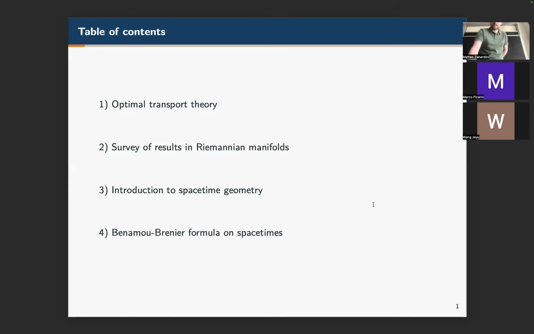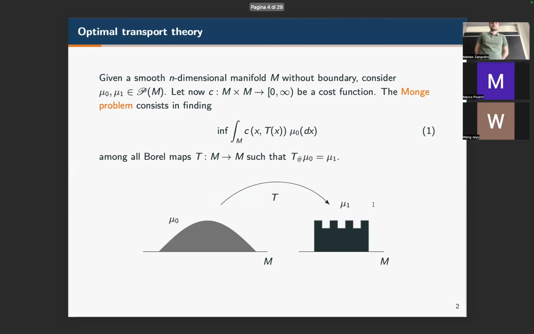Okay, let's start from optimal transport. Optimal transport is a part of mathematical analysis that aims to study how to transport a given distribution of mass into another distribution of mass, as you can see in this picture, with respect to minimizing a given cost function.